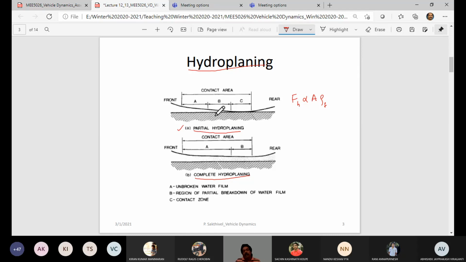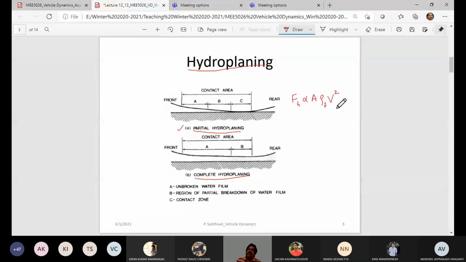There can be a situation on a road surface with spillage of some lubricant from a tanker, and that lubricant can spread across the road surface, and that can also be a fluid. So it depends upon the density of the fluid which is there on the road surface, and most importantly, it is going to depend on the velocity of the vehicle, your wheel center of the tire-wheel assembly.